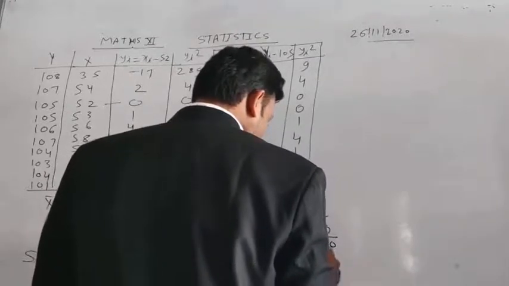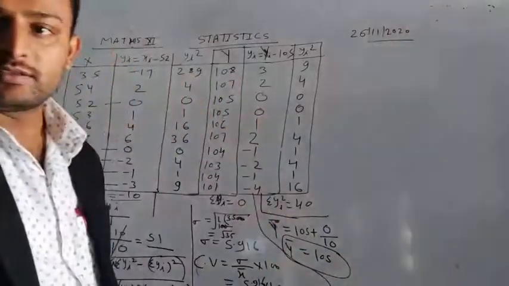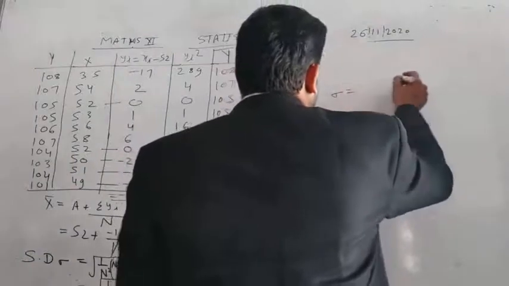So y bar is 105. So the mean for the second cell will be 105.